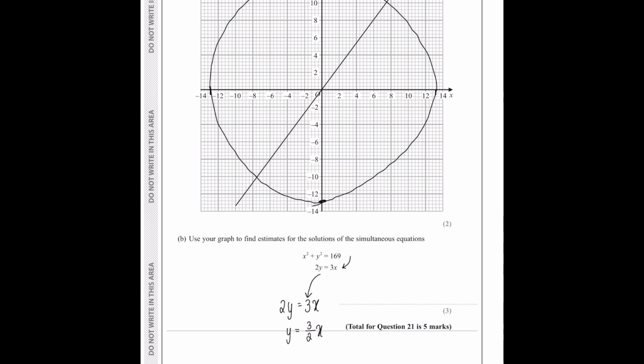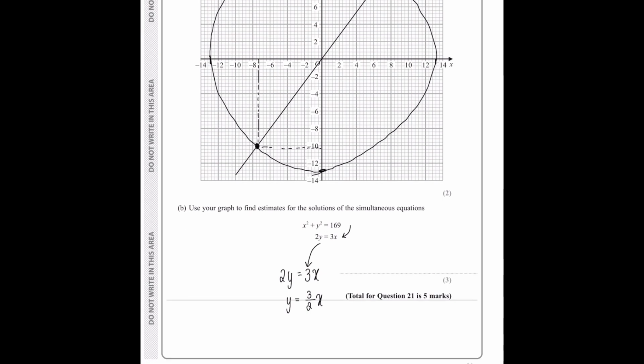So the next thing we want to think about is, what are our solutions? And our solutions are where these two lines, or this circle and this line, intersect. So when we have a look here, what we need to do is see where these values are. So we've got one value around the 7.5 area, and we have another value around the 10 or almost towards the 11 area.